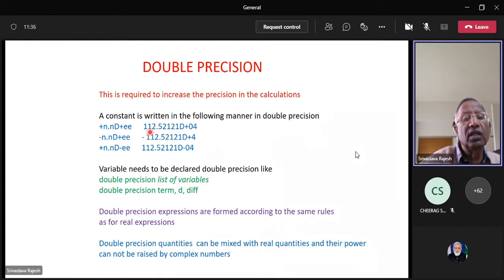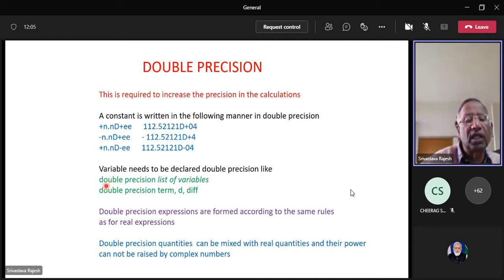Then it will say, okay, it's not a double precision quantity. So even if you write 112.0D or 0.0D, you have to put a D type of term there. So what does it mean? Variable needs to be declared, that which quantity you want to calculate in double precision.